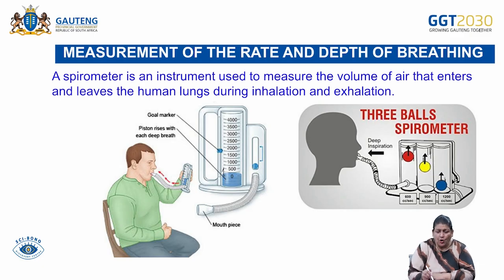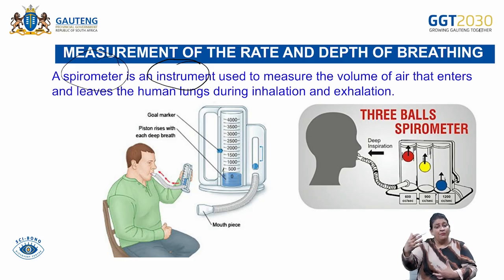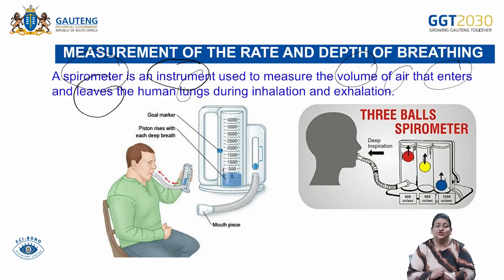So what do we call an instrument to measure the volume of air taken in and out? We call it a spirometer. A spirometer is an instrument used to measure the volume, how much air enters the lungs and leaves the lungs during inhalation and exhalation.